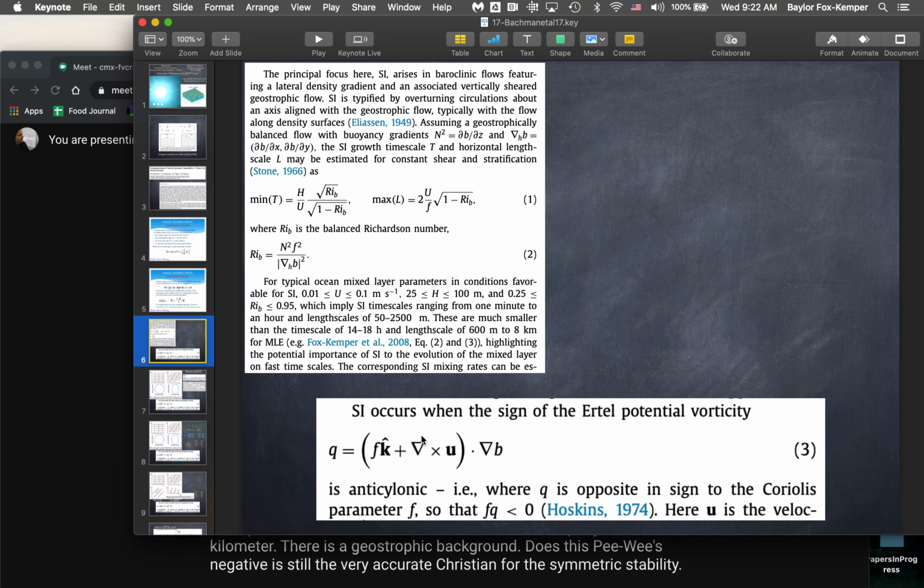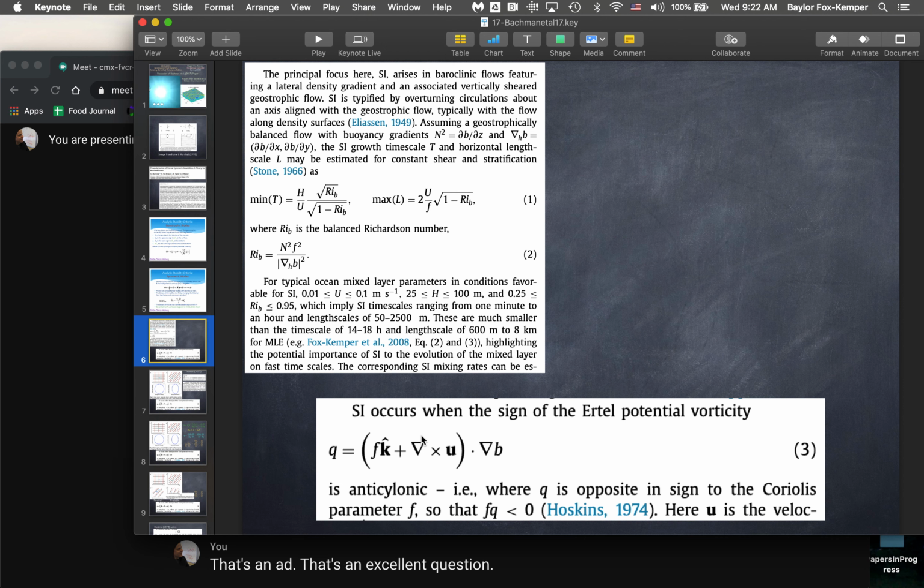That's an excellent question. I'm going to talk a little bit more about the PV criterion and how to think about it. But it is the case that if you had an inertial oscillation or an internal wave that was oscillating the shear, you can show that the ageostrophic shear is actually important in this criterion.